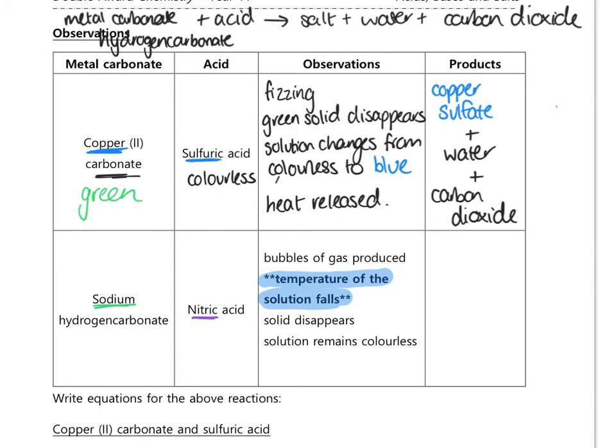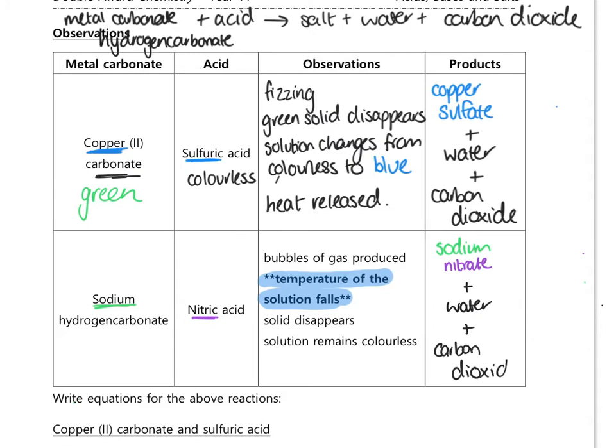You'll be sick of me saying this by now, but hopefully you'll get it by the end of it. So our first name is sodium. Second name is going to be nitrate from our nitric acid. And our other products are water and carbon dioxide, according to our general equation.